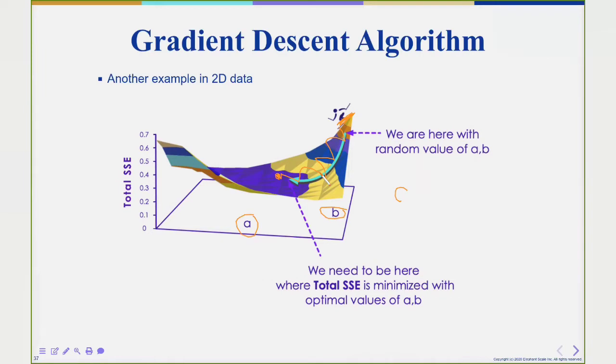I want to say a plane, maybe more curvature. Yep, the plane is actually a hyperplane. So now you're visualizing in 4 dimensions, because you're changing a, b, c as well. I cannot visualize it. I can only go up to 3 dimensions to visualize. More than that, I cannot visualize.